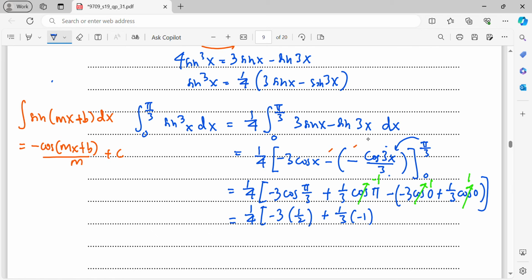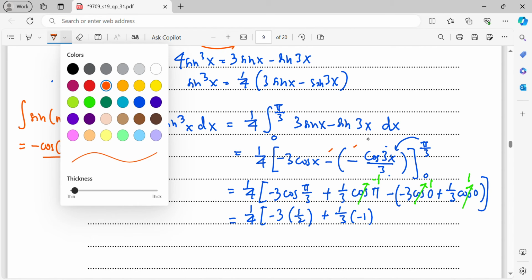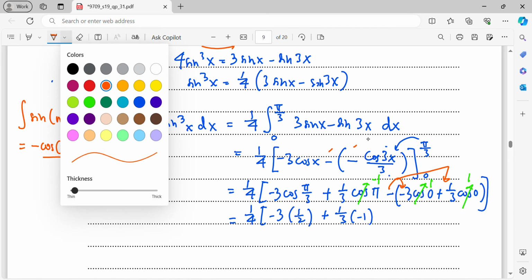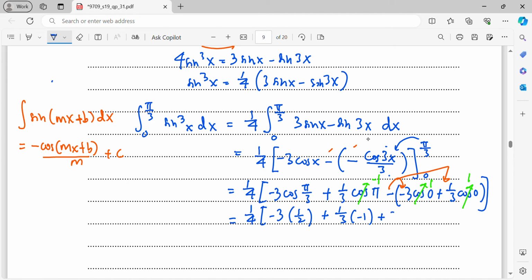So then, don't forget, there's a minus outside. The minus you bring in, minus minus is a plus, and this minus will times to the next term, that will be minus. So here I will get plus 3 minus 1 over 3. Then, when you calculate the total of all these values, that is going to be 5 over 24. So that is the exact value of this integration.